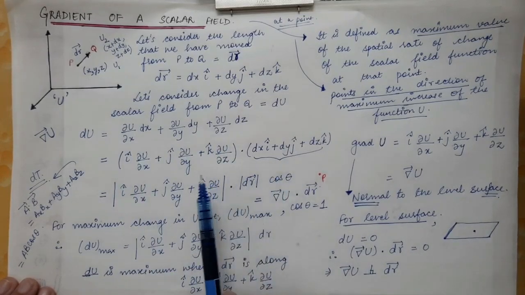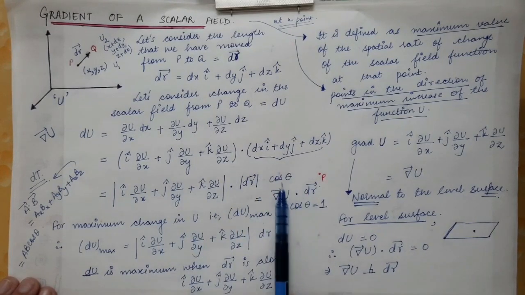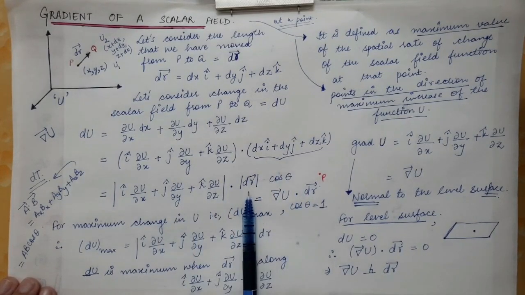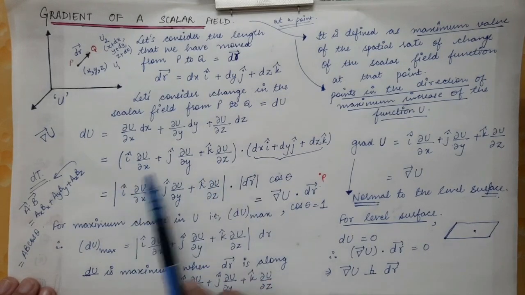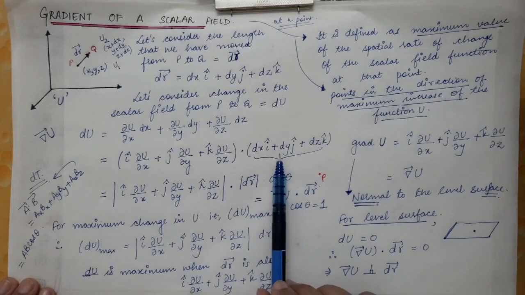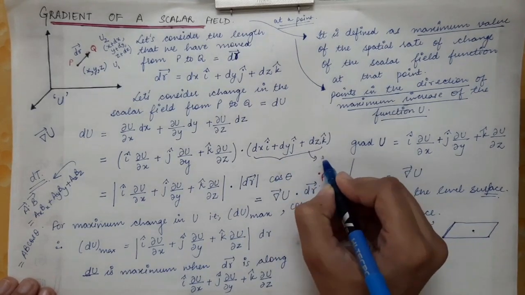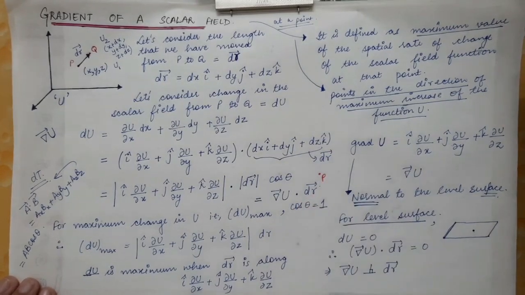So a vector dot b vector will be equal to ab cos theta, where theta is the angle between these two vectors. So we can write the magnitude of the first vector, then the magnitude of the second vector, which is the dr vector, times cos of theta.